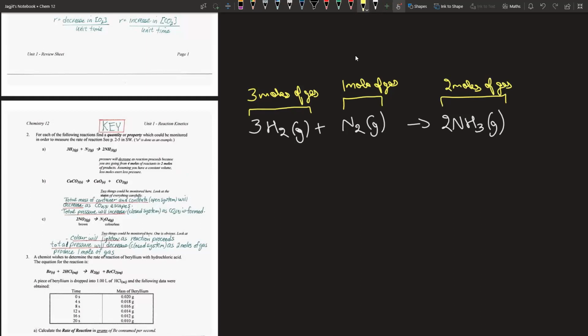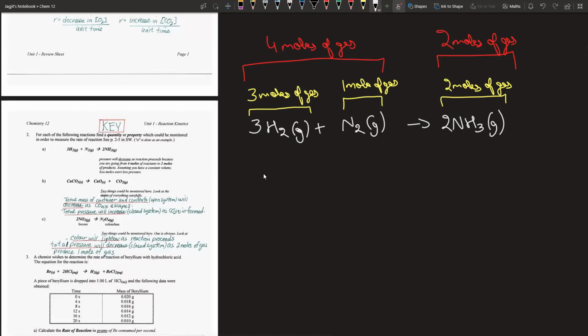Now, let's look at it in terms of the whole system. In total, your reactants had how many moles? 3 plus 1 is 4. You have 4 moles of gases, and it went to how many moles? 2. So you went from 4 moles of gas on the reactant side to 2 moles of gas on the product side, correct?